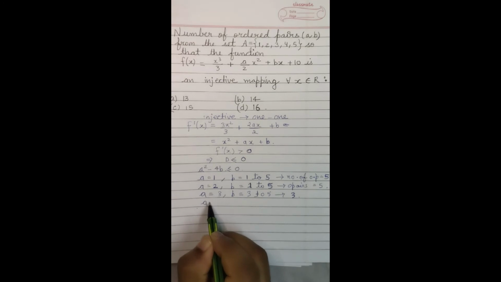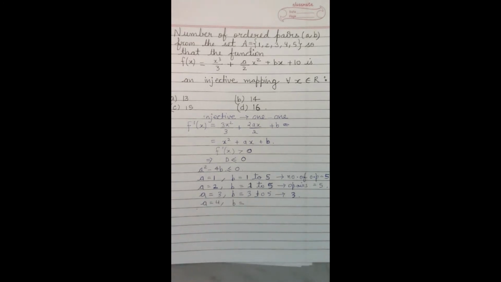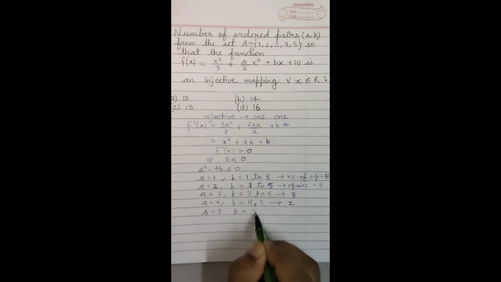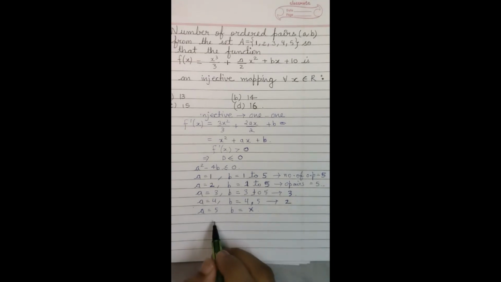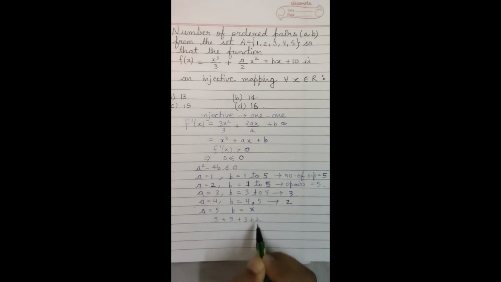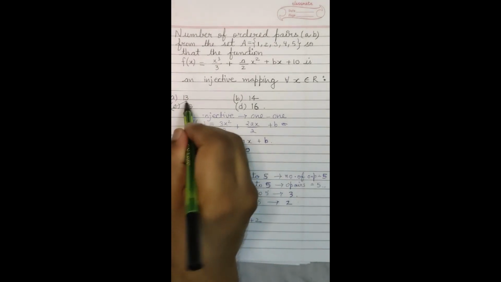For a is equal to 4, b will be 4 comma 5. So the number of ordered pairs will be 2. For a is equal to 5, we do not have any values of b. So now we count the number of ordered pairs: 5 plus 5 plus 3 plus 2, that is 15. Hence the correct option is C.